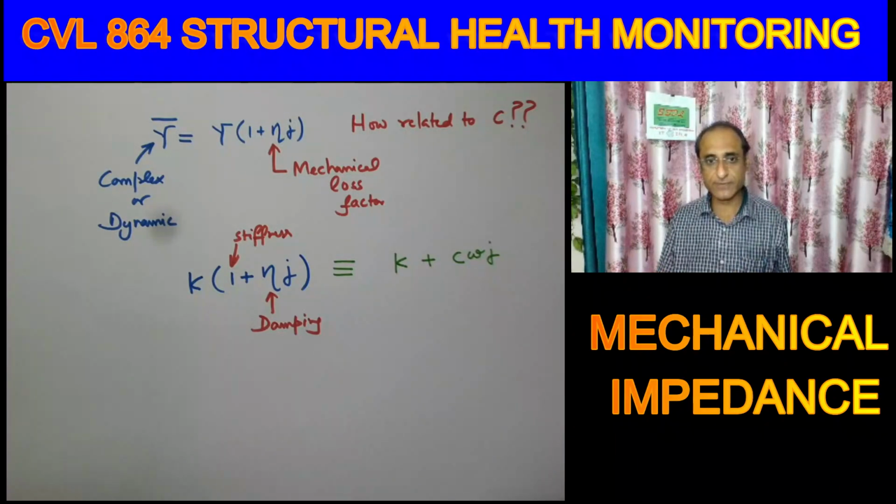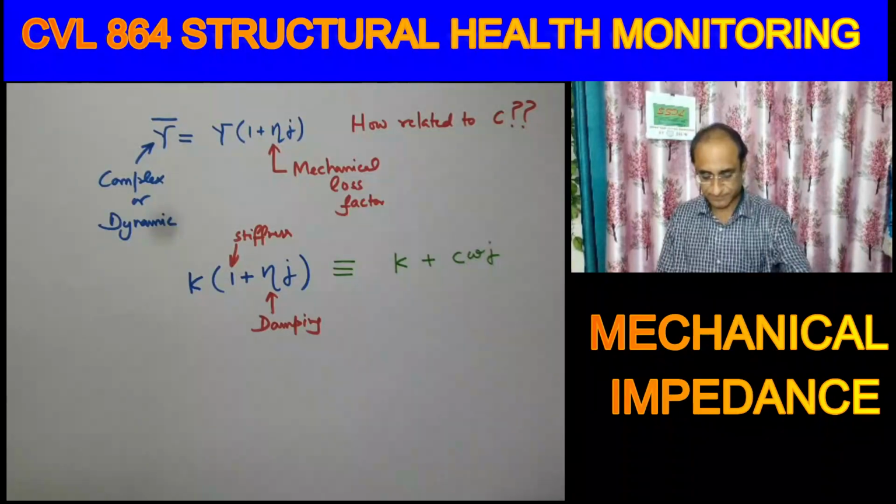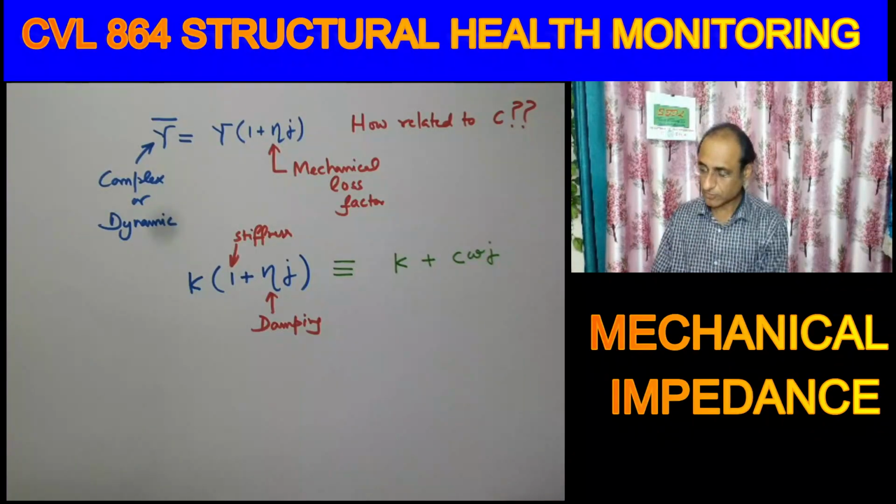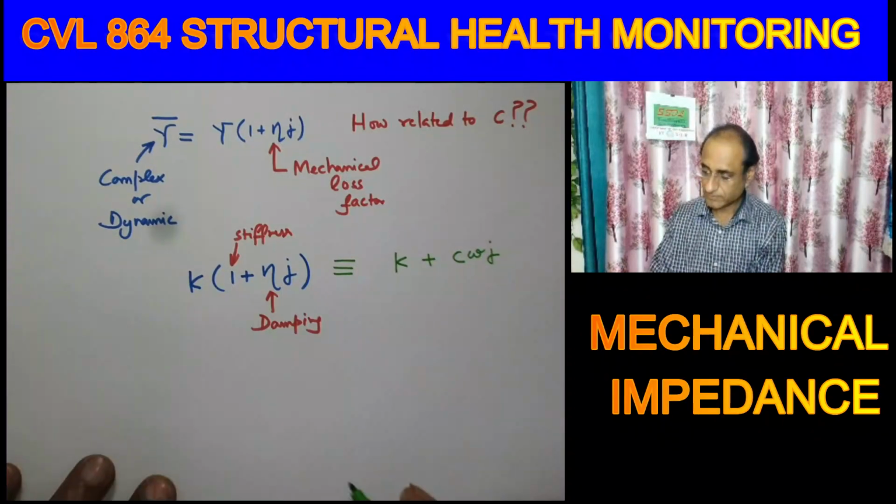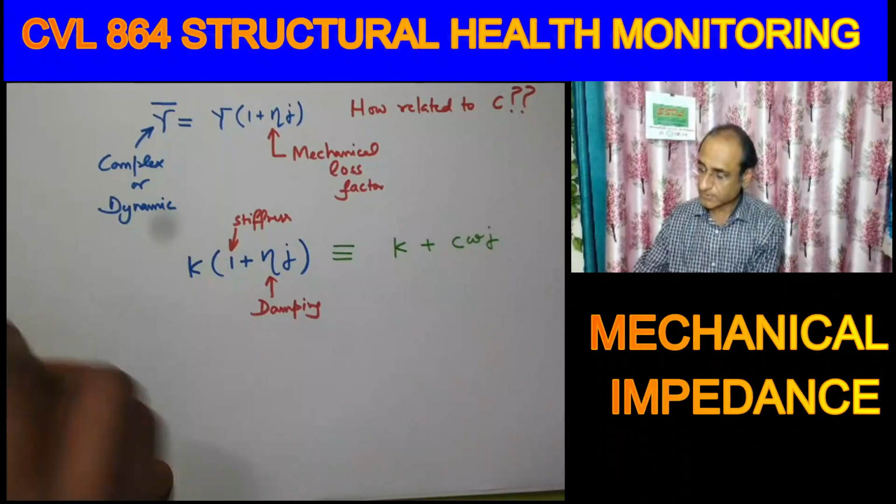So now we can find the relation between C and eta. How are the two related? K into eta is equal to C into omega.